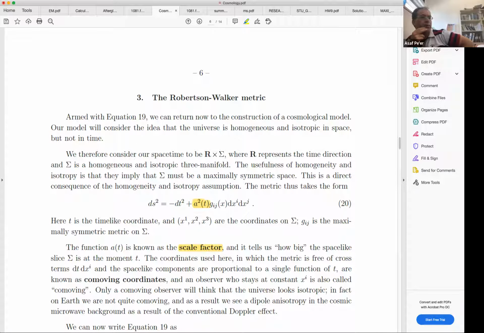Now, just out of curiosity, when we observe the universe with telescopes, which is what we do essentially, can we say that we are in a co-moving coordinates? What do you say, guys? Are we in a co-moving coordinates?